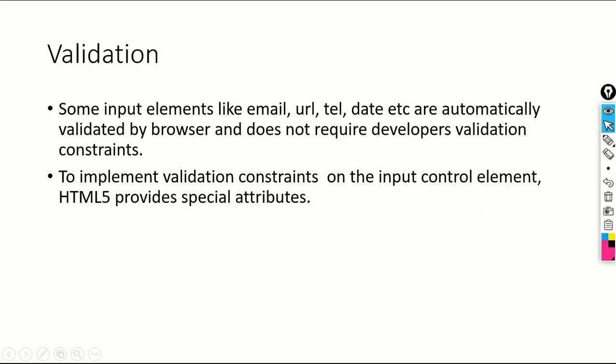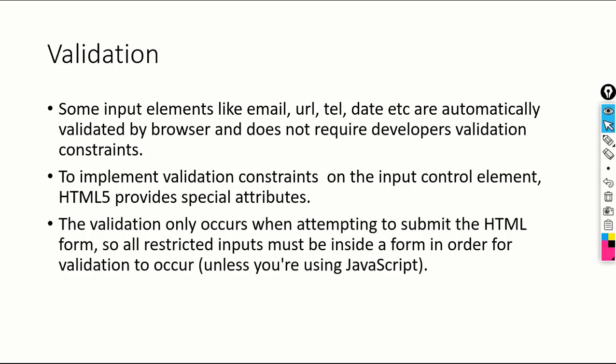To implement validation constraints on the input control element, HTML5 provides special attributes. What are those? The validation only occurs when attempting to submit the HTML form. Okay, so all restricted inputs must be inside a form in order for validation to occur, unless you are using JavaScript.